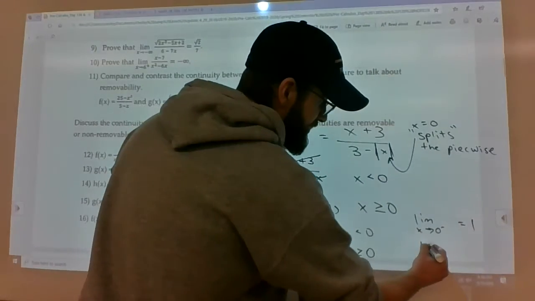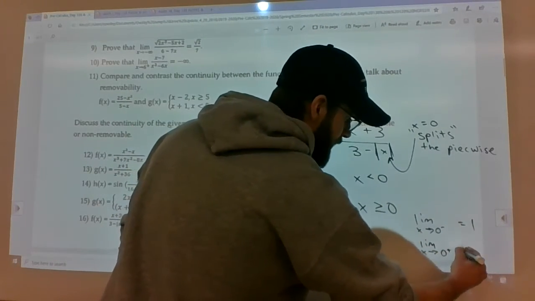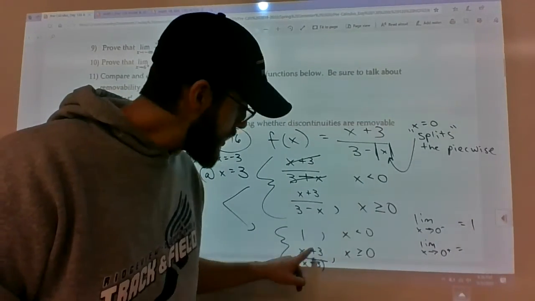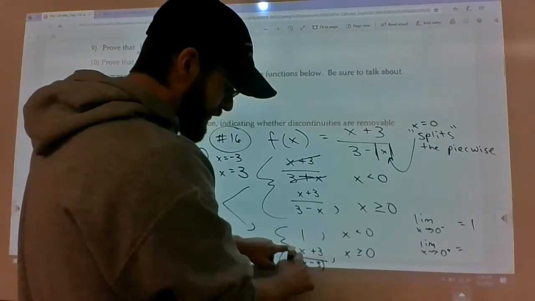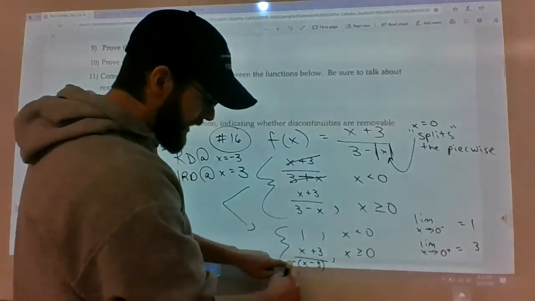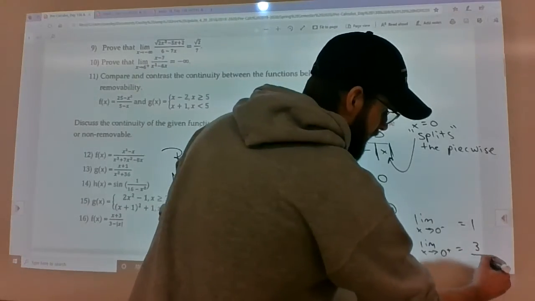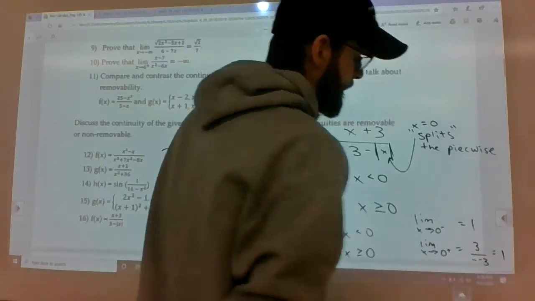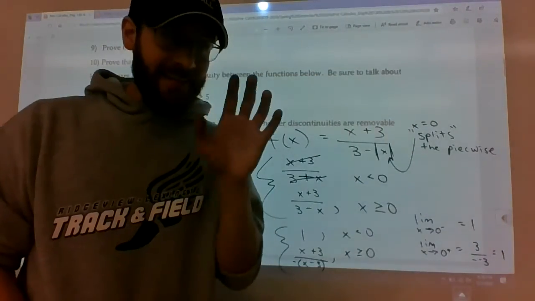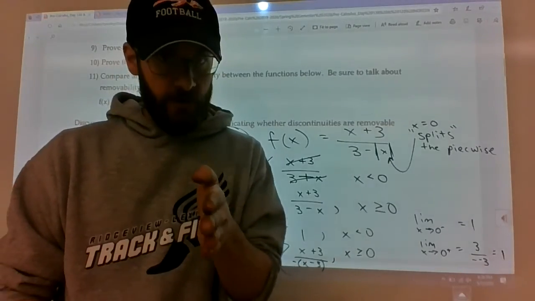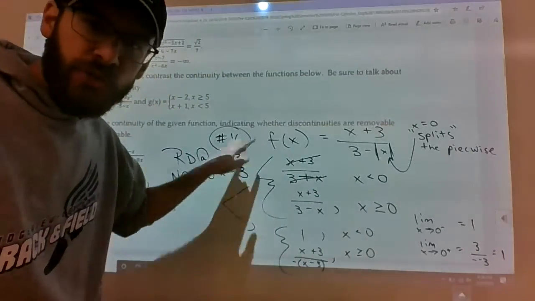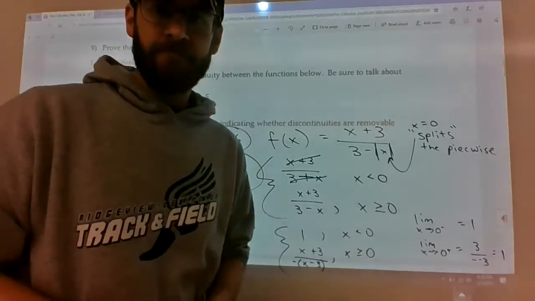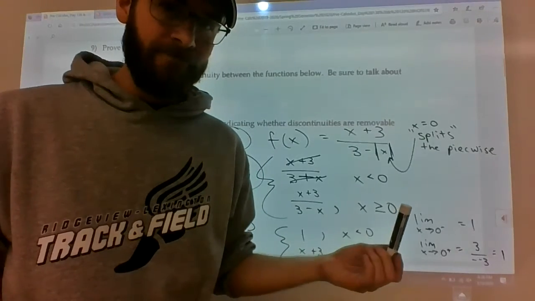The limit as x approaches 0 from the right, well, does 0 create a domain issue for this? No. You can plug it right in. 0 plus 3 over negative 0 minus 3. 3 over negative 3, that's 3 over 3, which is 1. So that means that at 0, it's continuous. But there were inherent issues with the 3 and negative 3 otherwise.